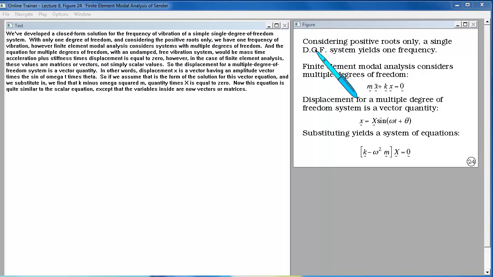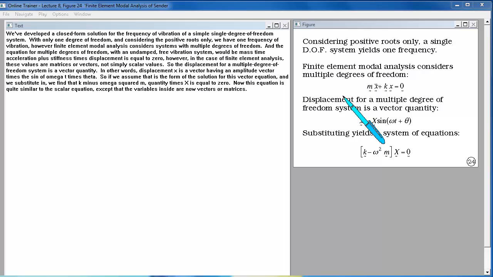However, finite element modal analysis considers systems with multiple degrees of freedom. And the equation for multiple degrees of freedom with an undamped, free vibration system would be mass times acceleration plus stiffness times displacement is equal to 0. However, in the case of finite element analysis, these values are matrices or vectors, not simply scalar values. So the displacement for a multiple degree of freedom system is a vector quantity.